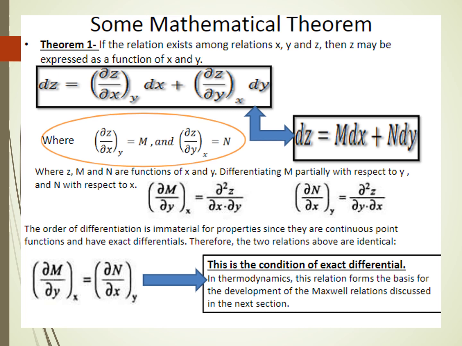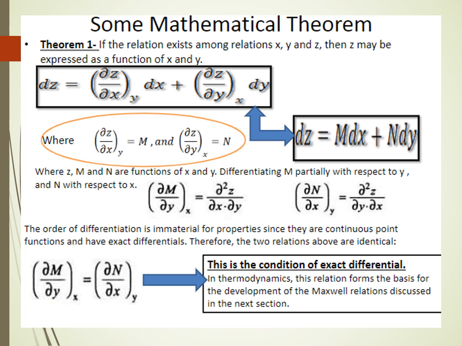Here we take z as a function of x and y. So dz will be equal to dou z by dou x at constant y into dx, plus dou z by dou y at constant x into dy.